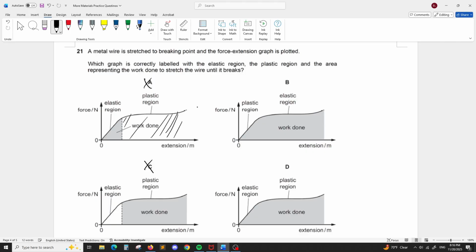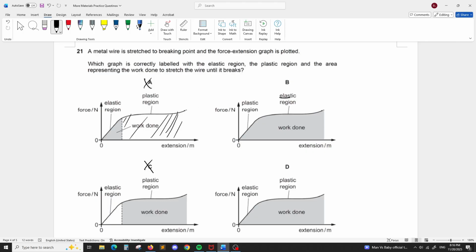All this area here is still work done. So it just excludes a large amount of the work done. But yeah, so now we're left with B and D. Those are more accurate because they show the actual work done by the entire process, right?